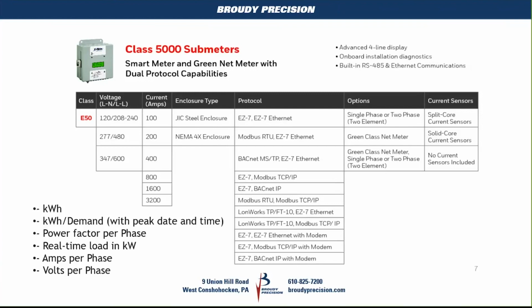And the discussion that I've had in the past is, so what are you going to do? Challenge the utility? And most people just pay the bill. They don't challenge the utility at all. But I have had a couple of contractors that go in and say, hey, we're not reading what you're reading, and they've got an adjustment on their utility. So it has worked to keep the utility in check.